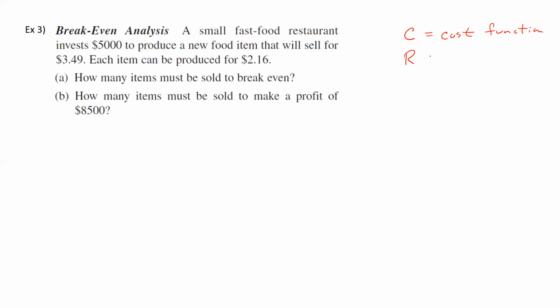R, instead of putting r of x, I'll do it the lazy way, just write r. R is your revenue function. And what in the heck is called the break-even point? It is when C is equal to R.